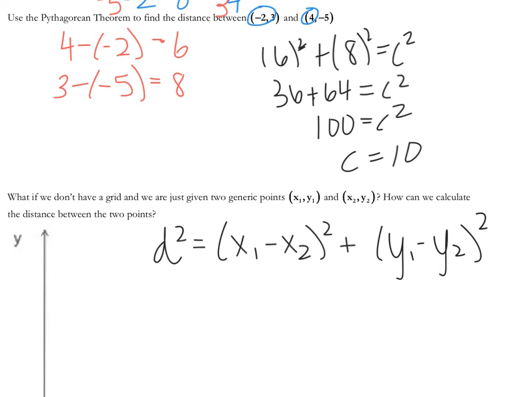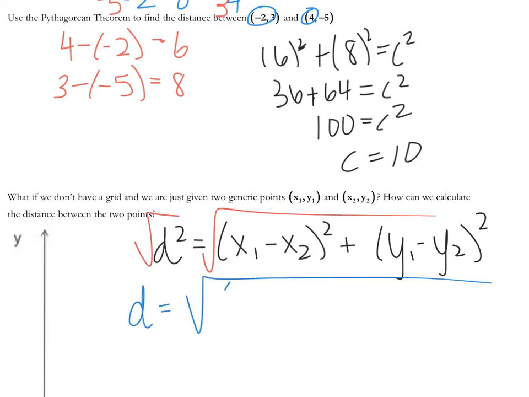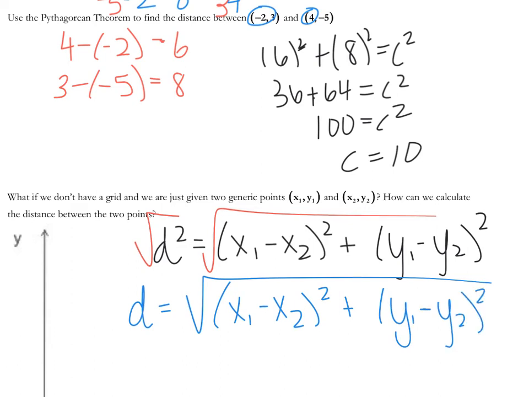If we want to get the distance alone, then I need to take the square root of both sides. So the distance formula is the square root of x1 minus x2 squared plus y1 minus y2 squared. Again, technically, you can flip the order of this and do x2 minus x1. Just make sure you do the same thing over here and do y2 minus y1.